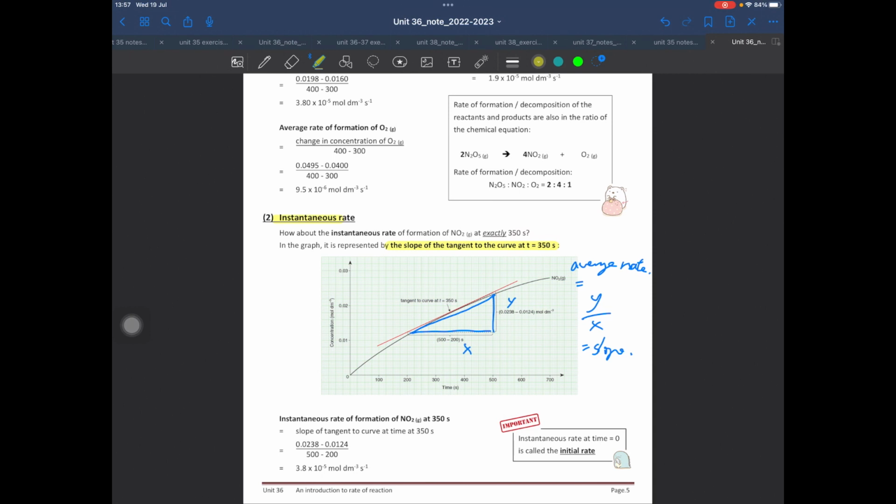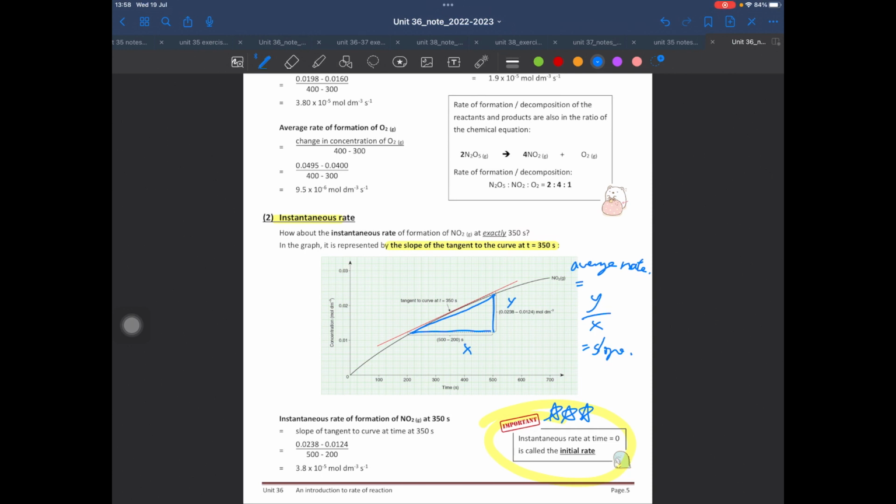But there is an important point. We will have a special name for the instantaneous rate at time equal to 0. This is very important. It is called the initial rate. So next time when you see the word initial rate, actually we are talking about the instantaneous rate at time equals 0.